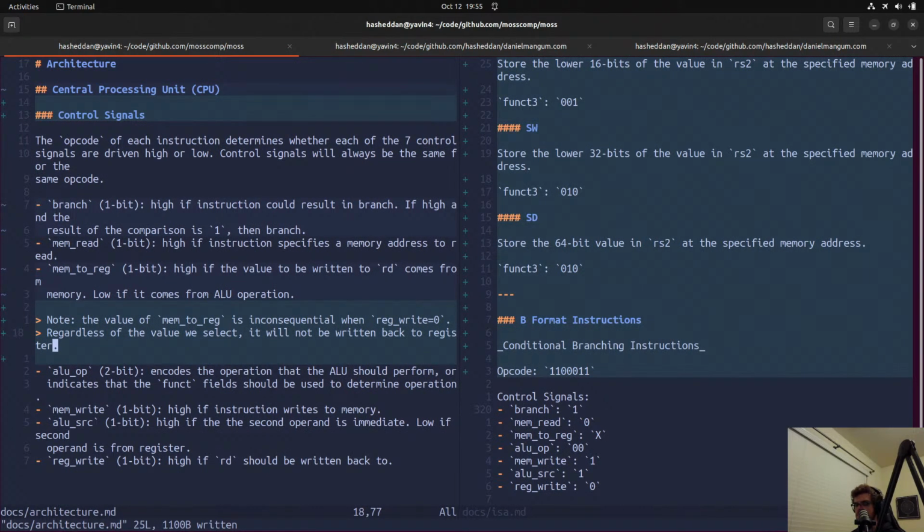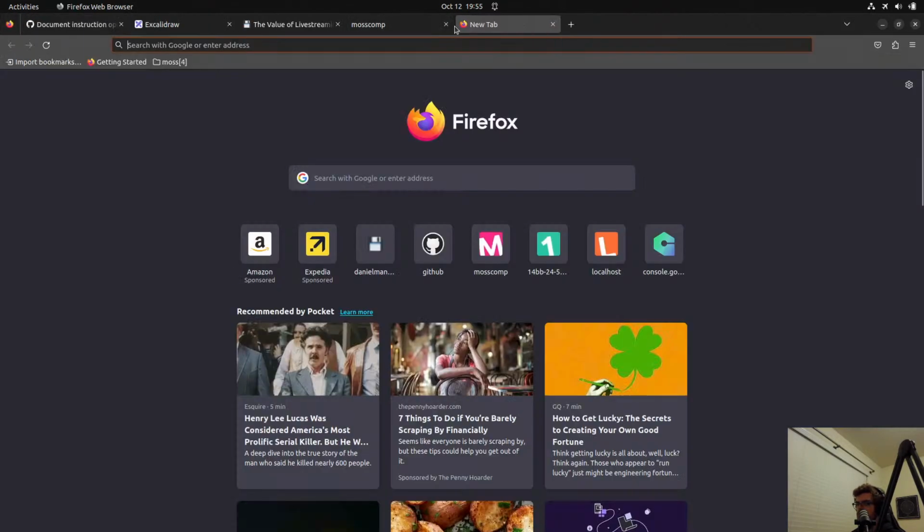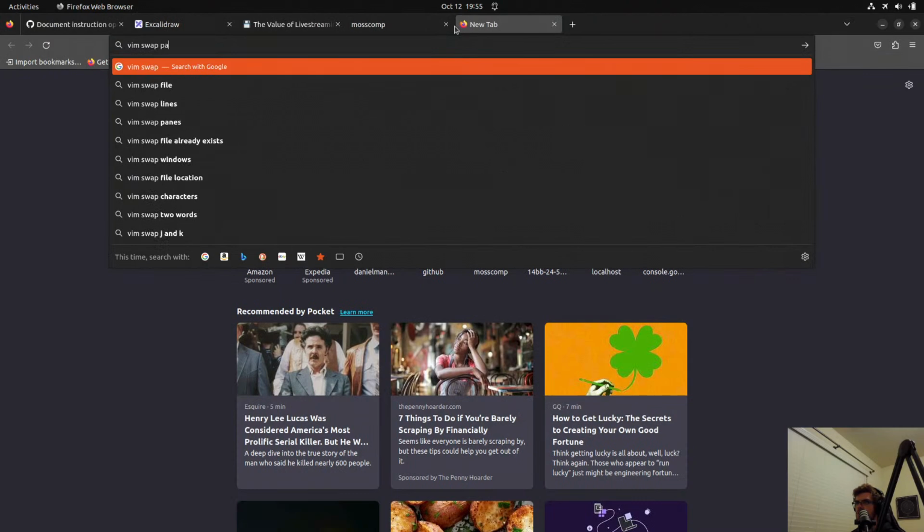Forget how to switch. Let's see. Vim swap panes.